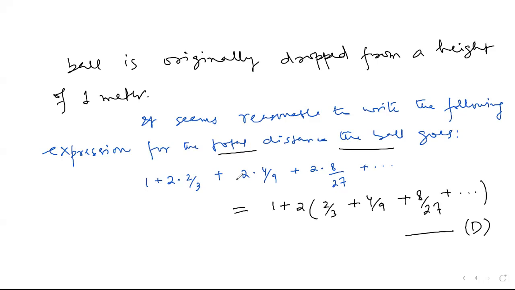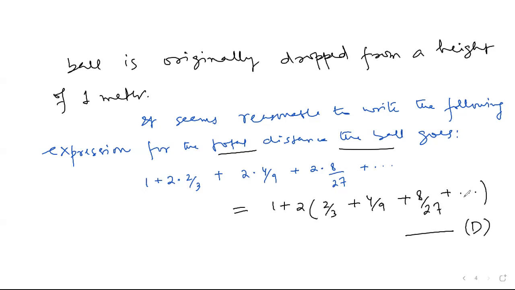Then we took this 2 as common and we write it 1 plus 2 times (2 by 3 plus 4 by 9 plus 8 by 27 and so on). And these 3 dots, we said, mean that the terms continue as they have started, each one being 2/3 of the preceding one, and there is never a last term.